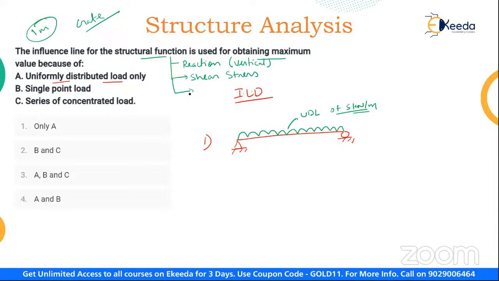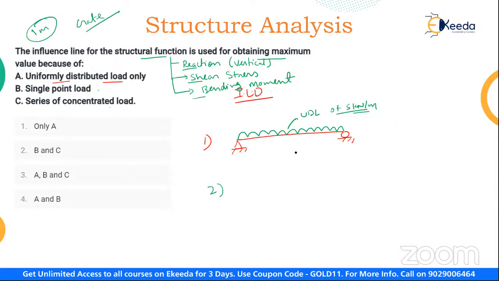And third one is bending moment, right? So what the question says is, if we have to determine the influence line and the maximum value of these structural functions, can we do it for uniformly distributed load, single point load, or series of concentrated load?